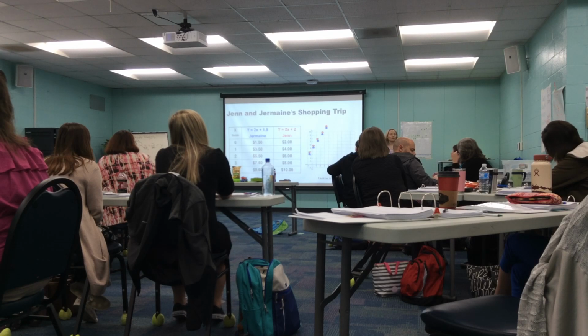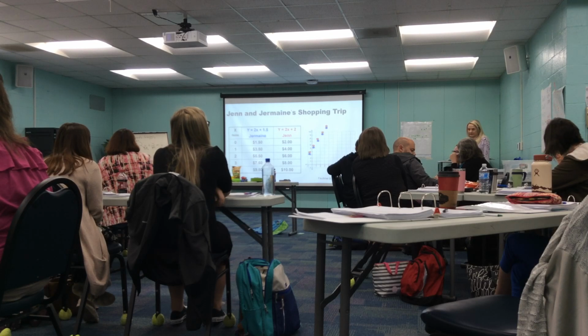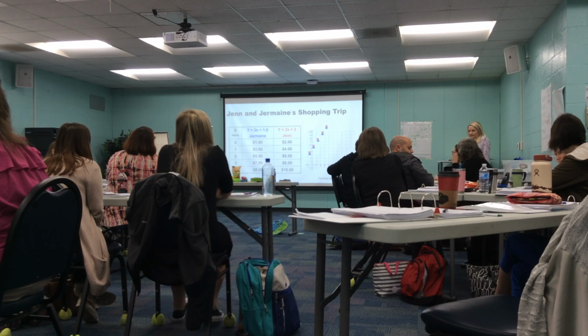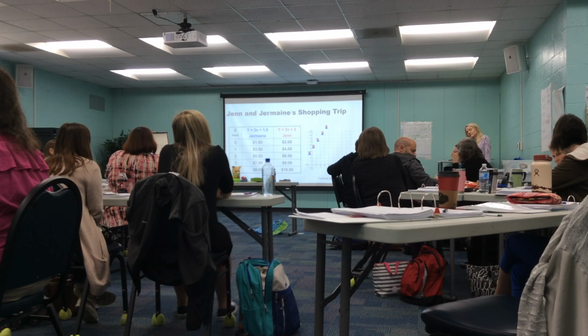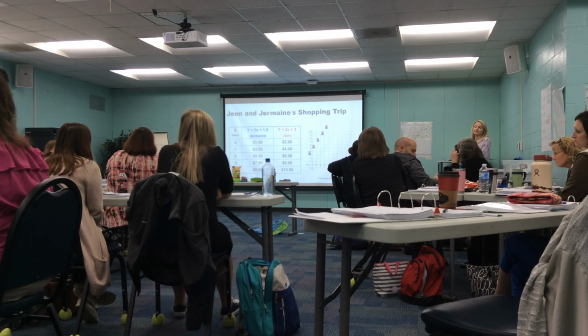And are they ever going to cross? No. Why? Because they're spending the same amount per item, and they also had their determined amounts that they spent for gas. But that assumes that they both buy the same number of items. If Jermaine buys one more than Jen, then it might make them cross.